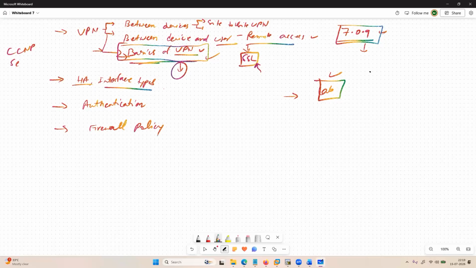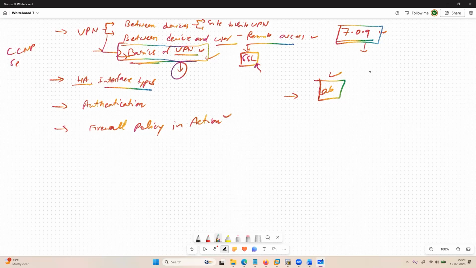Let's suppose somebody inside your company is trying to ping some private IP, and due to some bad routing in your network, that traffic is going towards the internet. Should that traffic go towards the internet if it is destined for a private network? The answer is no, right?